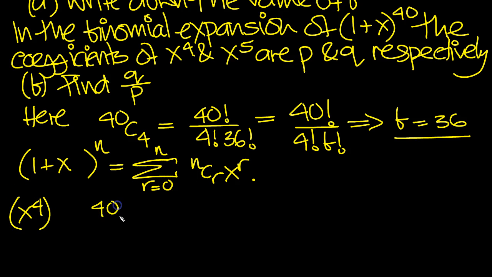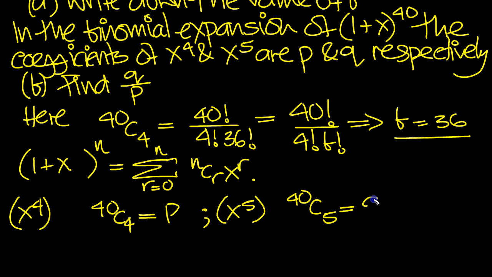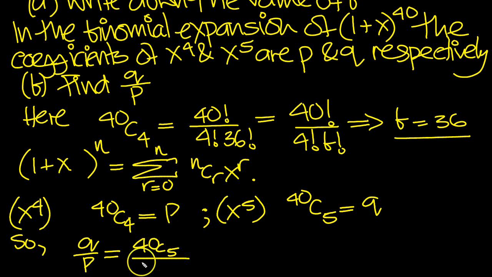So it's 40C4, which is equal to p, and the x^5 term will give us 40C5, won't it, from the formula, and that's equal to q. So we now need to work out q over p, which will simply be 40C5 over 40C4.